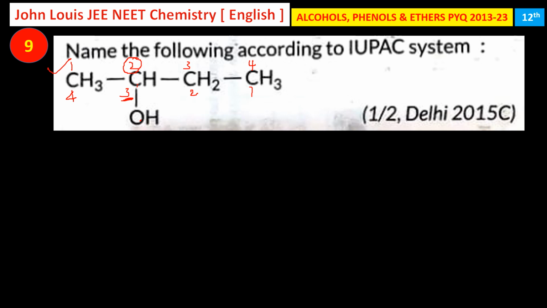How many carbons are there in the parent carbon chain? There are 4. Therefore, the name should start with but. All the bonds between carbons are single bonds. Therefore, it should have an an. And then in the second carbon, there is alcohol. Therefore, -2-ol. Since o is a vowel, as we have seen many times in previous examples, the preceding suffix e should be dropped.